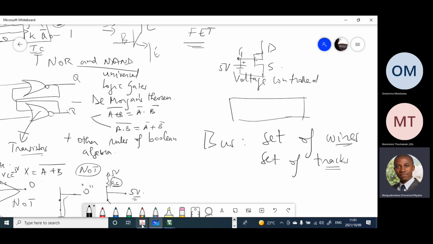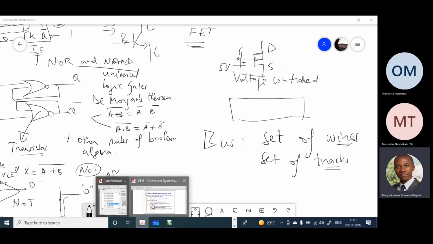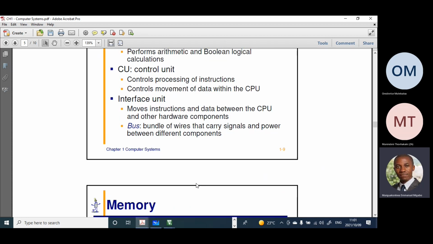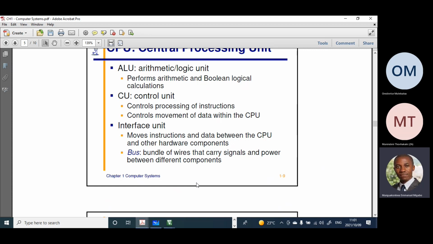But we've got different types of buses now. It's a bundle of wires that carries signals and power between different hardware components. You've got the address bus and the data bus, which are two different buses in the Harvard architecture.